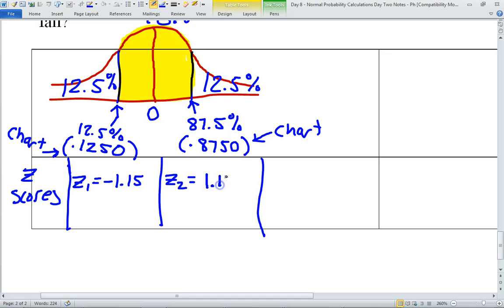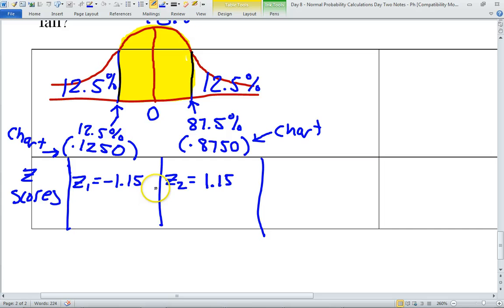We knew we were looking for the middle 75%, so that mean of 0 should be right in the middle. So if the left value was negative 1.15, the right value should be positive 1.15. So we probably could have done a shortcut right then. Anyway, these are the two z-scores.